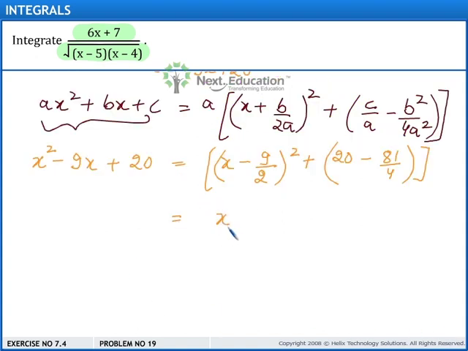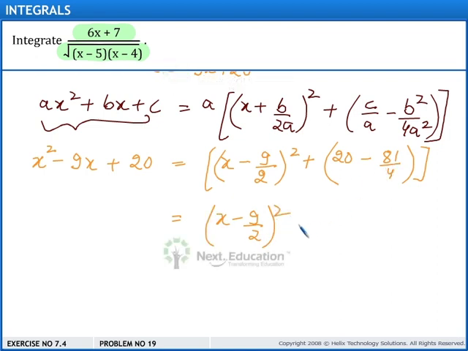So this is equal to (x − 9/2)². From here we get − 1/4. So taking the minus sign common, we can write 1/4 as (1/2)².